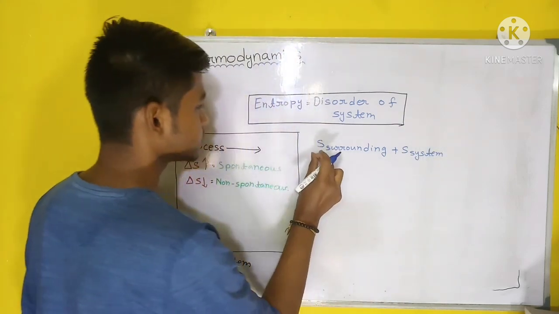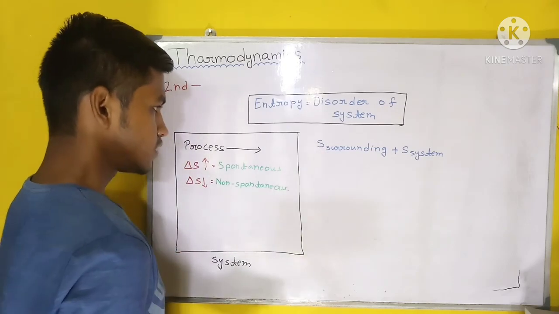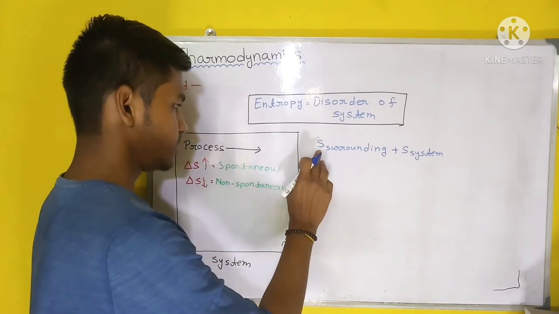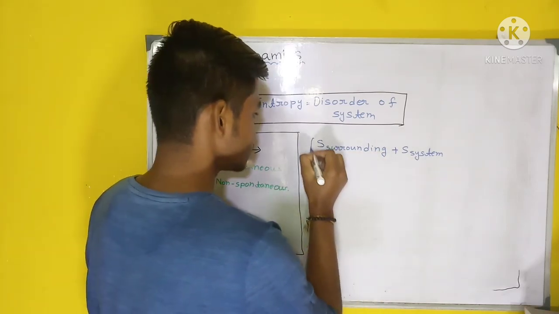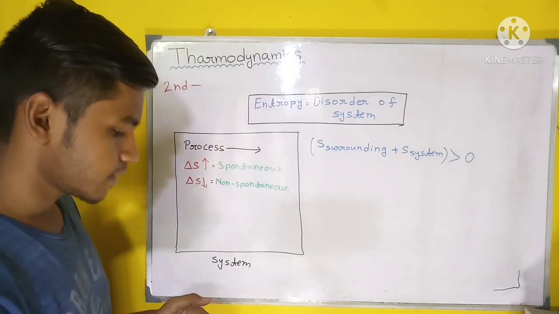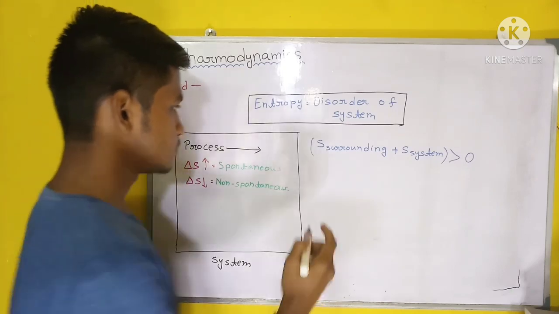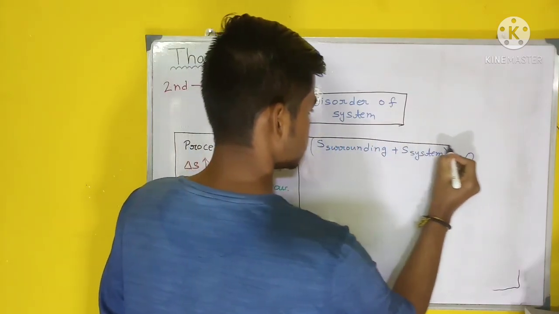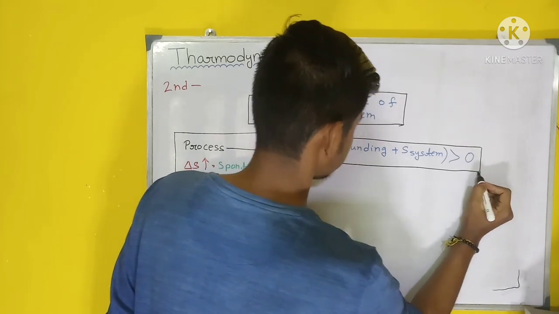That means S is the entropy, denoted by S. So basically it is the entropy of the surrounding and the entropy of the system greater than 0. So this is the mathematical formula of the second law of thermodynamics.